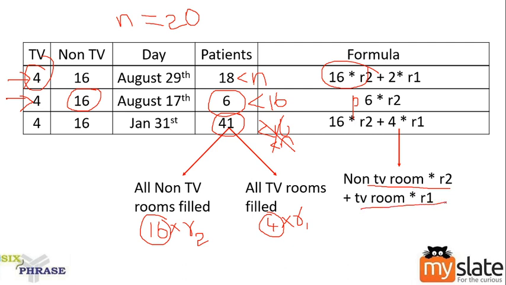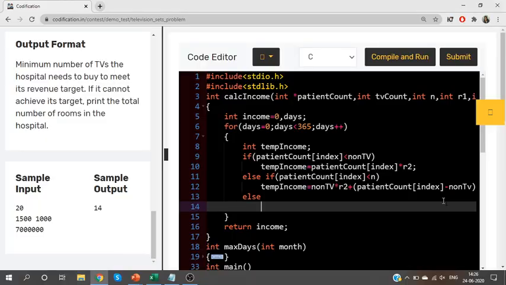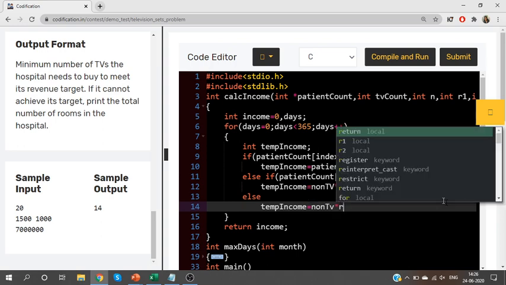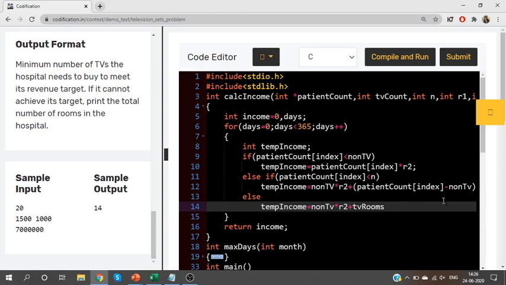So temporary income is total non-TV rooms into R2 plus total TV rooms, the TV count, into R1. It will be filled completely.